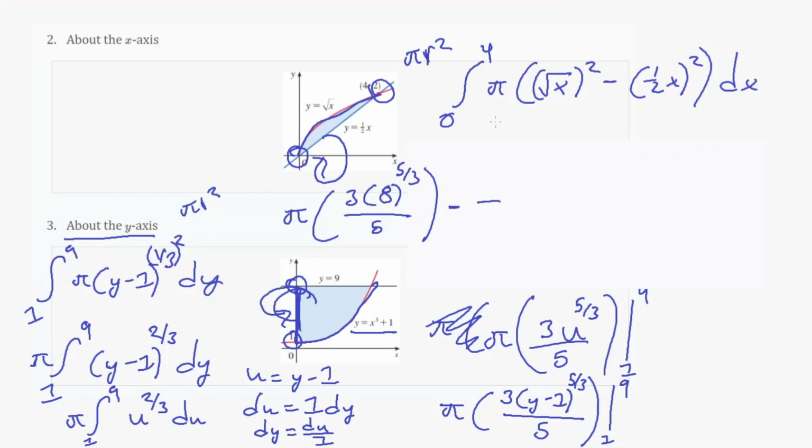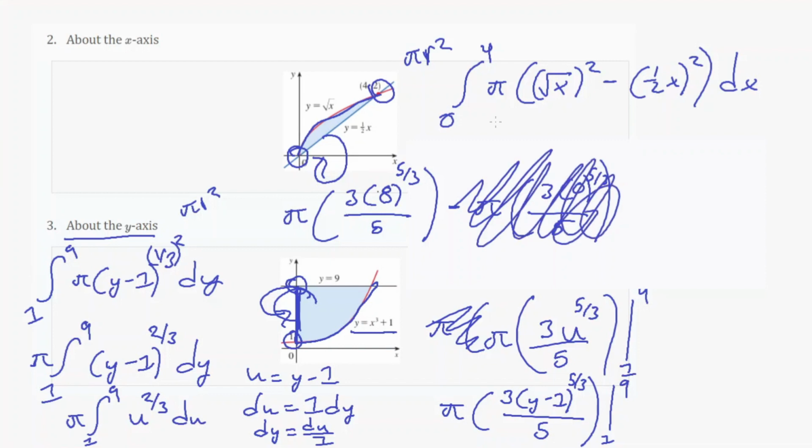And then that's going to be minus pi open parentheses 3 and then open parentheses 1 minus 1, which is 0, to the 5/3 power and divided by 5. And now 0 to the 5/3 power times 3 divided by 5 is just all 0, times pi is all 0. So we could forget about that.